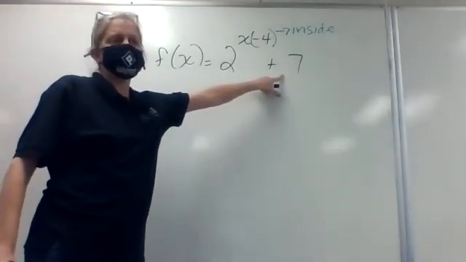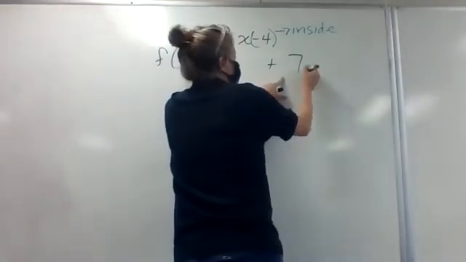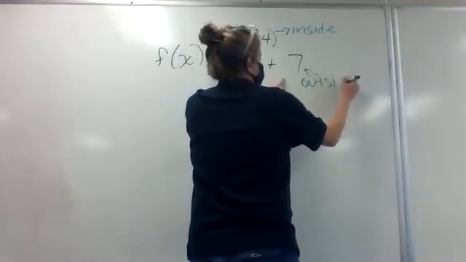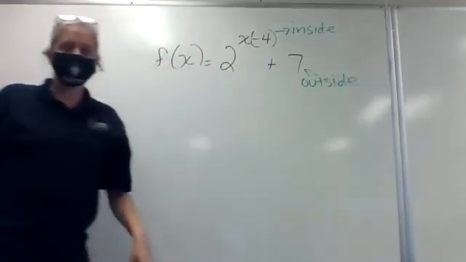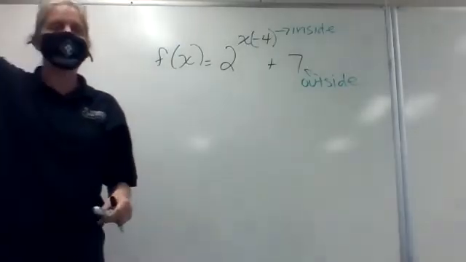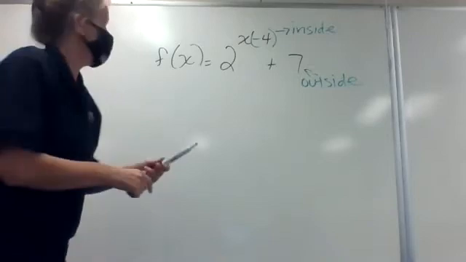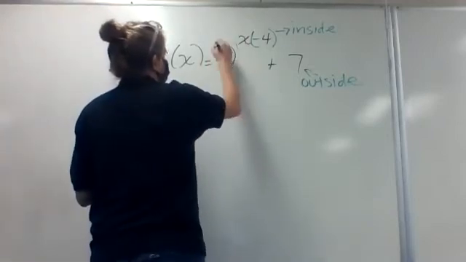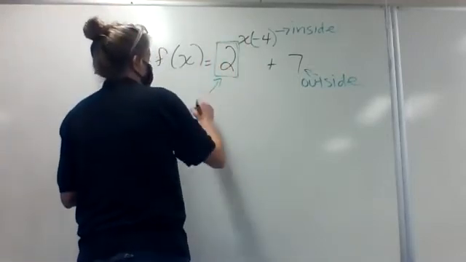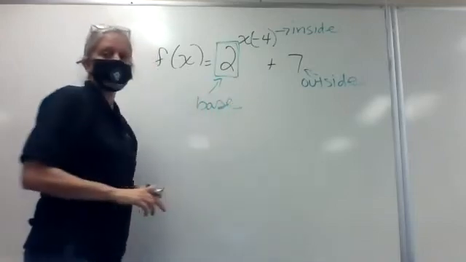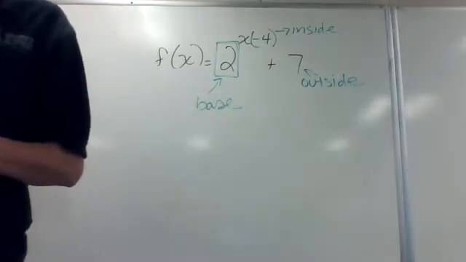This number out here, that's your outside number that shifts you up and down, and you go with the sign. This number is called the base of the function.